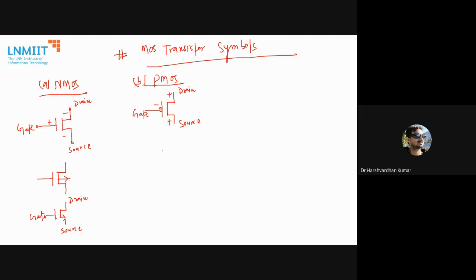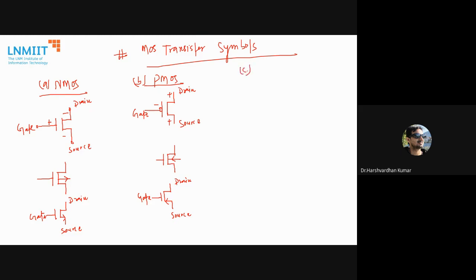Now another symbol will be like that. So this is the gate, drain, and source. As I told you initially, MOSFET is a symmetric device. Symmetric device means we can interchange the drain and source terminals.